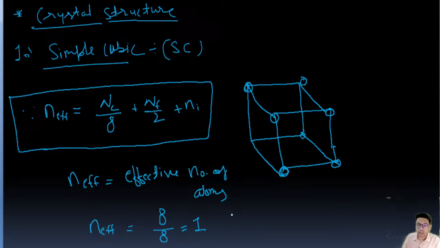I have already explained what a primitive unit cell is, right? So it means the simple cubic is a primitive unit cell.